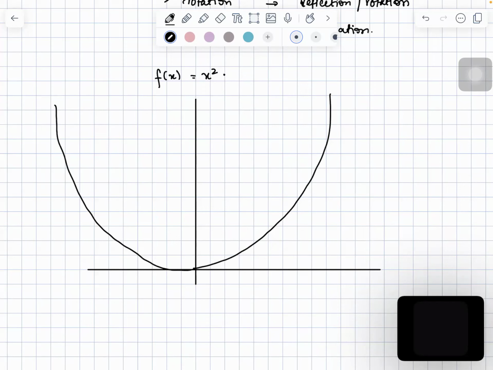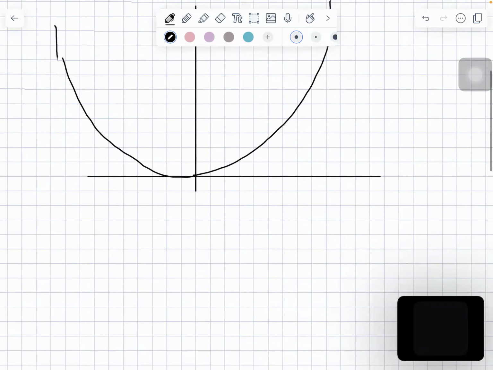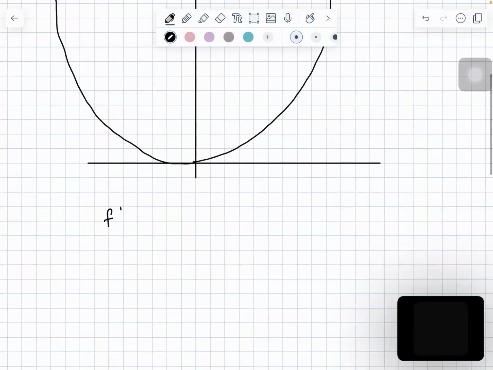Now let's say that I want to translate this graph. I say that f of x plus 1. I do this, which means it's going to be x squared plus 1, right?